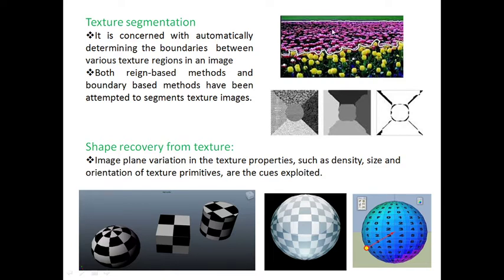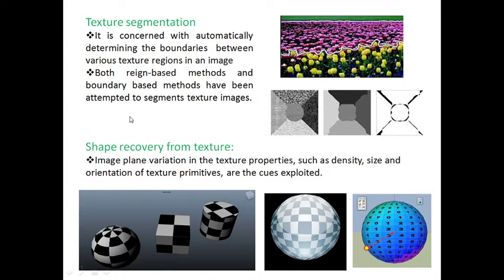This region has texture elements repeated many times, and this one also has texels repeated many times, because the repetition may be periodic or aperiodic. Both region based methods and boundary based methods have been attempted to segment the texture images.